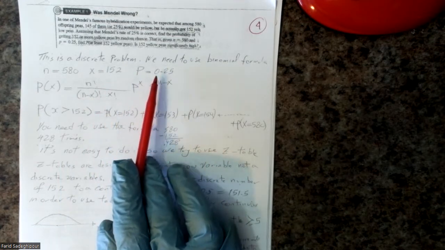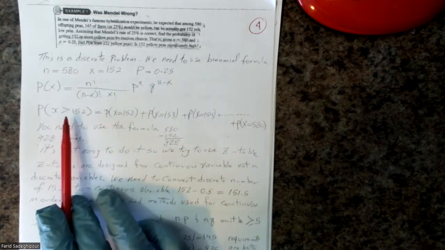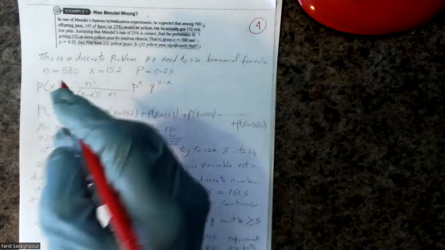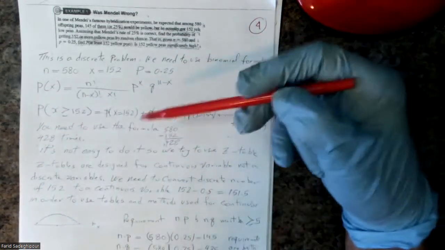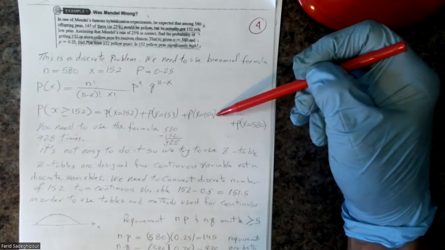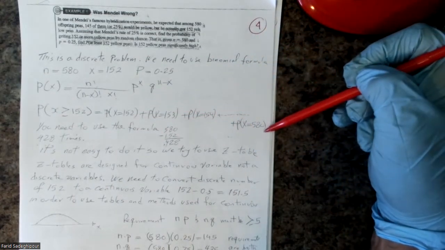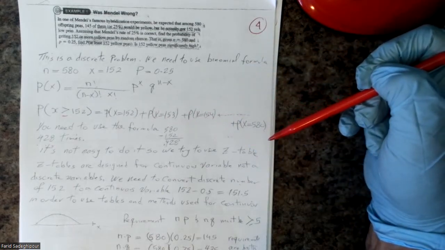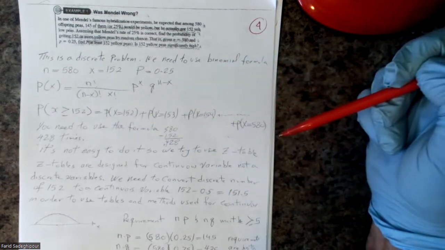Now, the probability of X greater than 152 means you have to find the probability of X equal 152, 153, 154, all the way to 580. So you see there are so many probabilities that you need to calculate. You need to do it 428 times. So it is not easy to do this as a discrete problem.